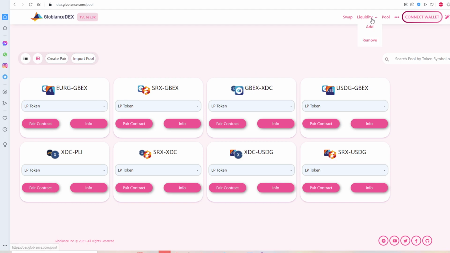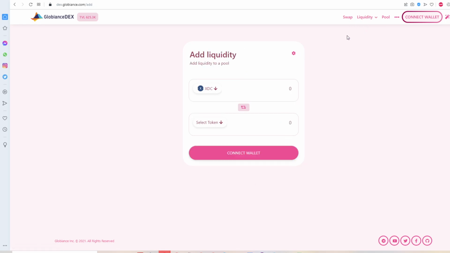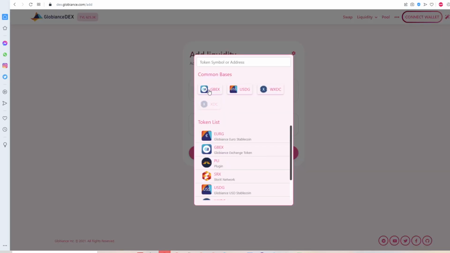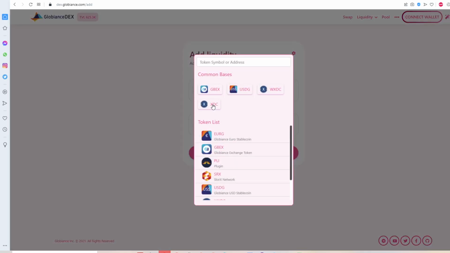I just wanted to show in this video roughly what the DEX is and what you can do: you can swap and trade, and you can add liquidity. Important is that you need 2 tokens. I made a test withdrawal to the DEX, I think 100 million, and then tried to add liquidity just to test it out for my video, and then I found out, oh shit, I need 2.